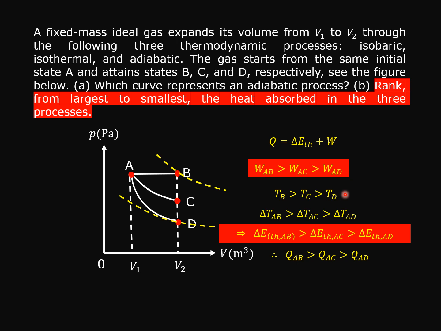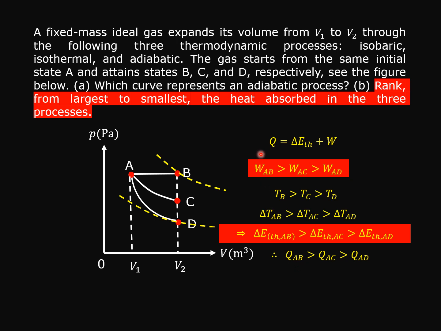Now, based on the results of our analysis of the work done and the internal energy change, we can easily conclude that since Q is a summation of these two quantities, Q for process AB must be the largest, because both WAB and the internal energy change for process AB are the largest.